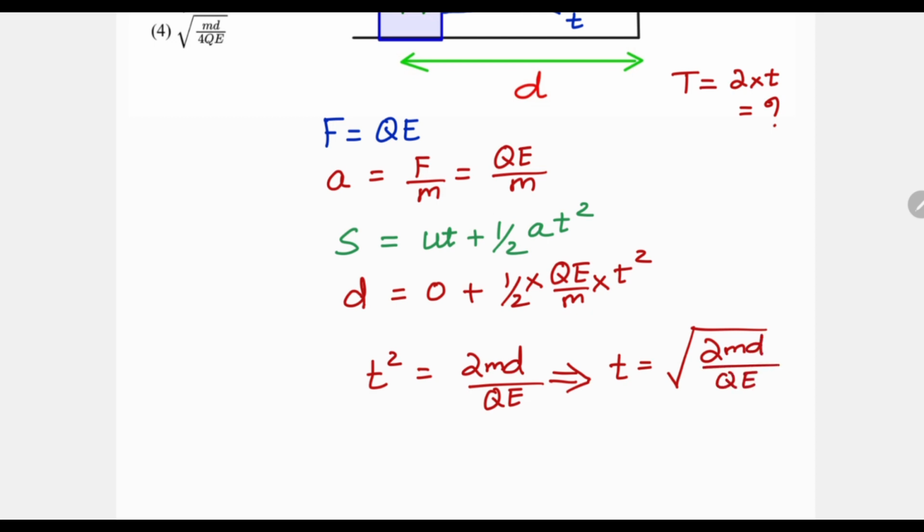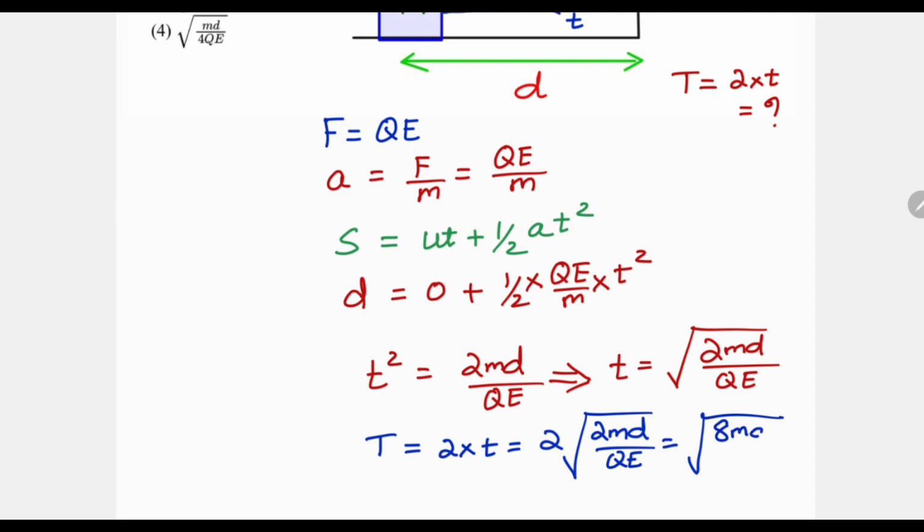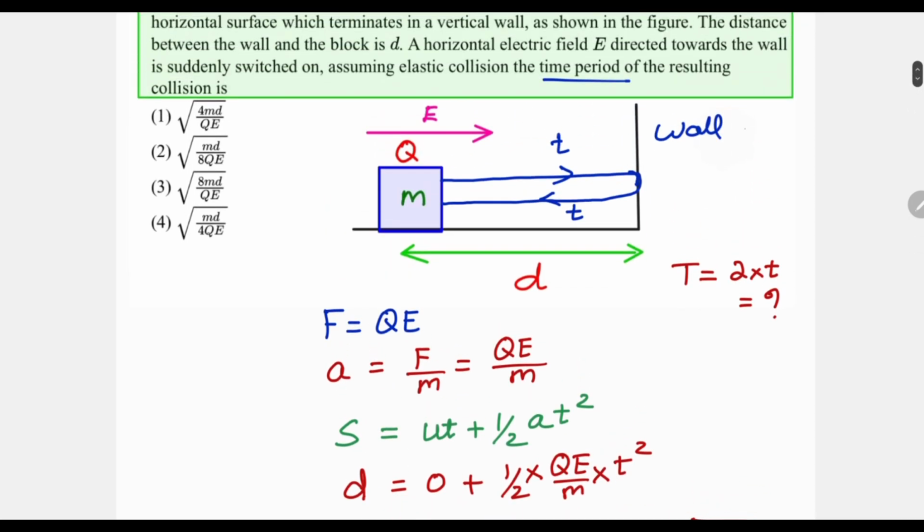Now the required time period can be expressed as capital T equals 2 into small t, which is equal to 2 into root of 2md by qE. When the 2 is taken inside the square root, we can write 4 into 2, 8 md divided by qE. So our required answer is root of 8md by qE. Third choice is our correct choice.